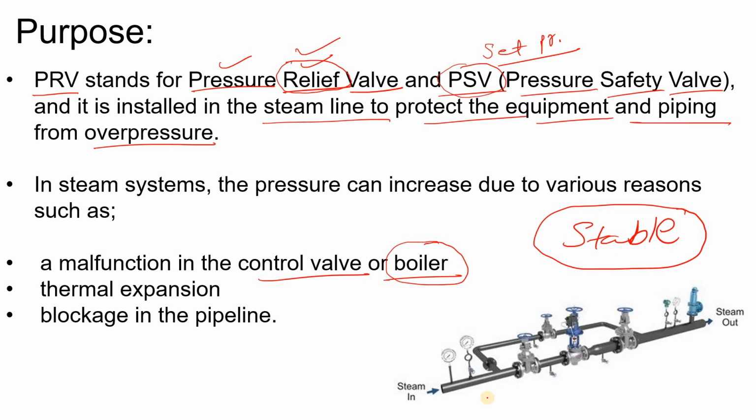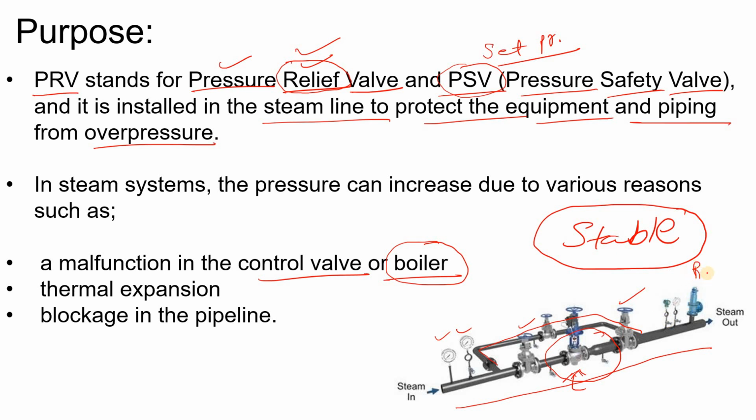So simply see here, this is one steam line. You could see here there are some instruments we have used, like the PG. The valve we have used here, the control valve, to regulate the pressure as we discussed. And this is the bypass line. Let's suppose if some malfunction occurs in this valve, we could simply operate from the bypass line, right?